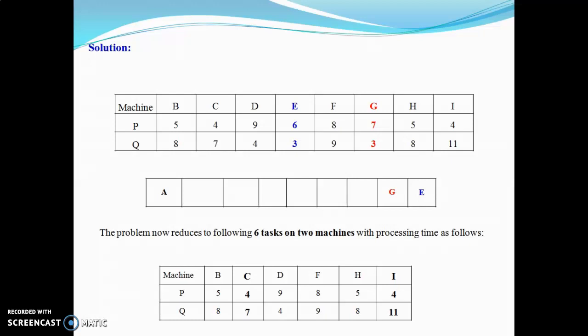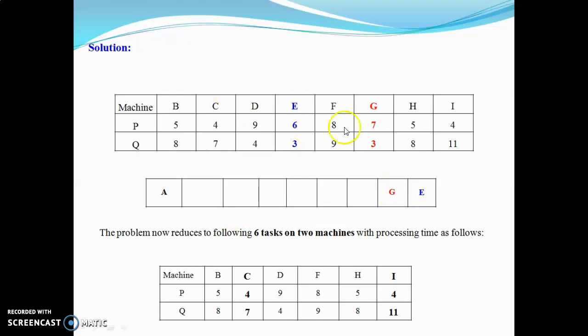First, A was removed in the first step. In the second, we searched the smallest processing time and found E and G, a tie, so you can choose randomly. Here the first one has the smaller corresponding processing time, 6, so we choose E and then write down G.